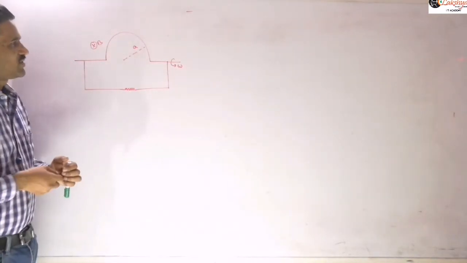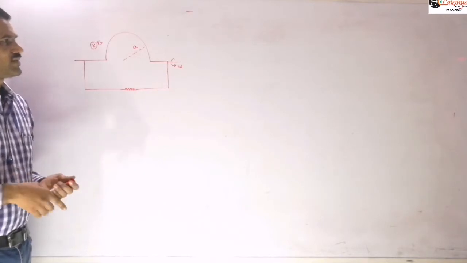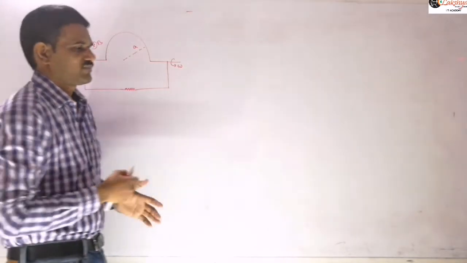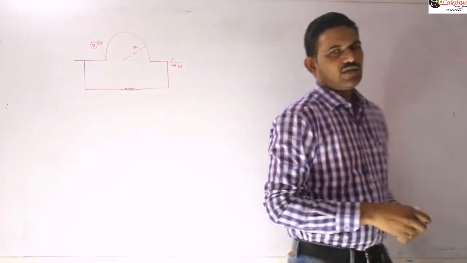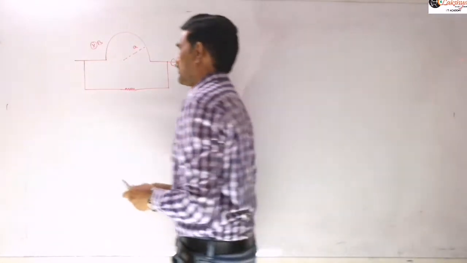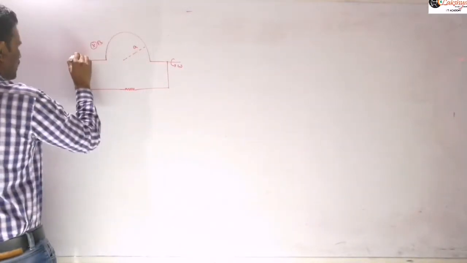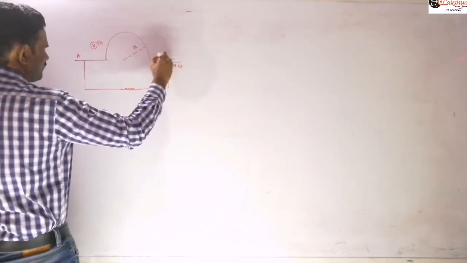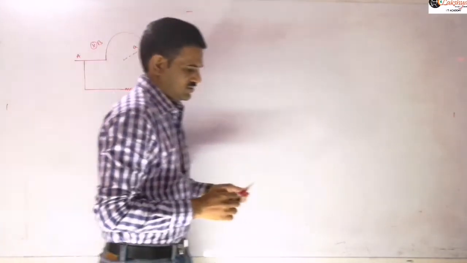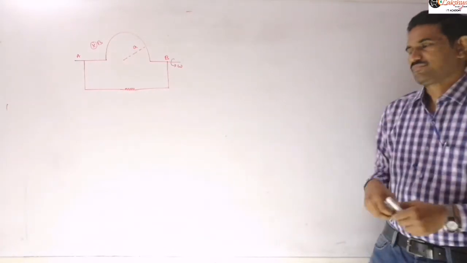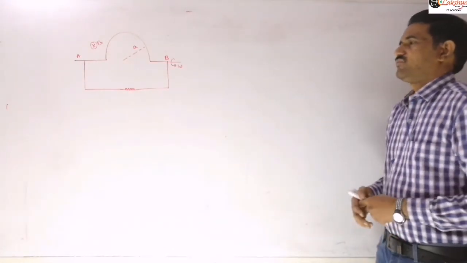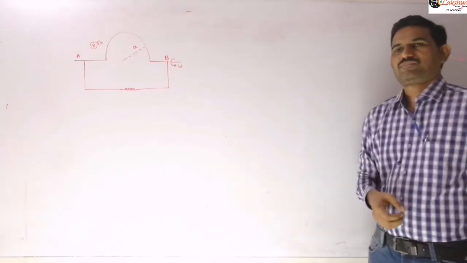A semicircular wire of radius A is revolving about an axis AB shown in the figure with angular velocity omega.